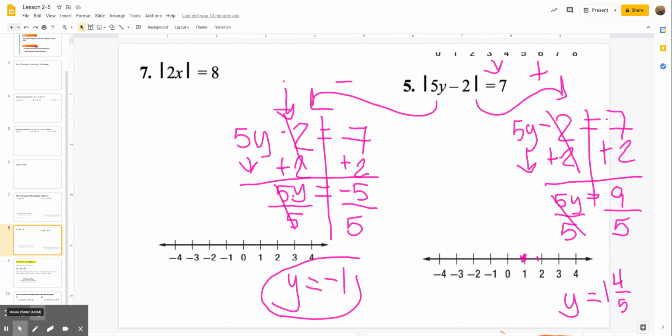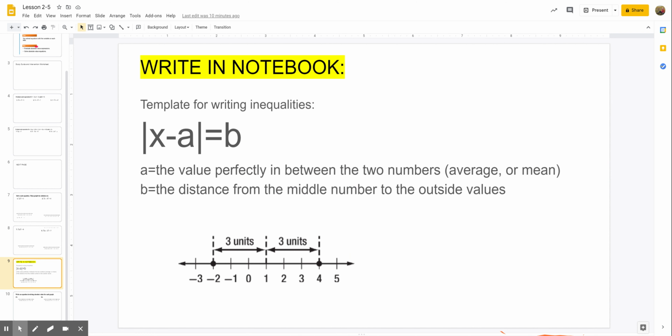The final type of problem you will get is with word problems, or if you have to write an inequality. So go ahead and pull out your notebook, and I want you to write down this entire slide. I wrote it out for you guys to kind of summarize what you're going to need to do here. So x minus a. A is talking about the value perfectly between the two numbers.